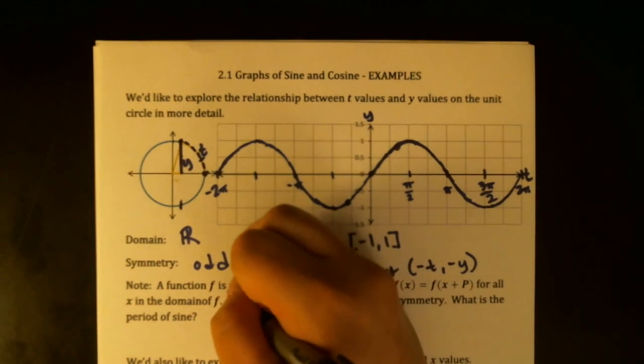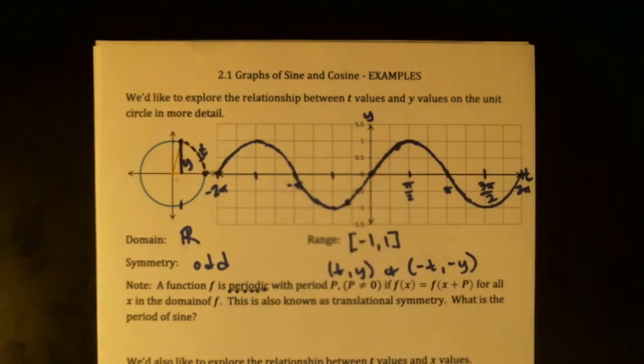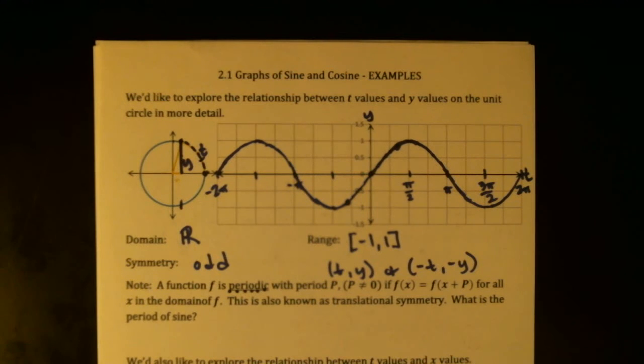And then a tiny bit of new vocab here, and then there'll be a little bit more associated with the transformations of trig functions. So sine and cosine, in fact, all of the trig functions are periodic, meaning they repeat the exact same set of outputs over and over again.